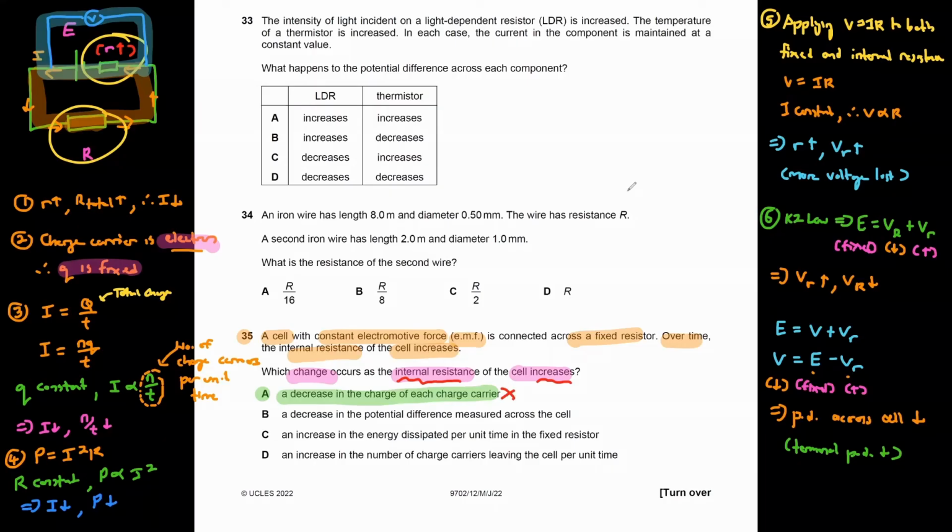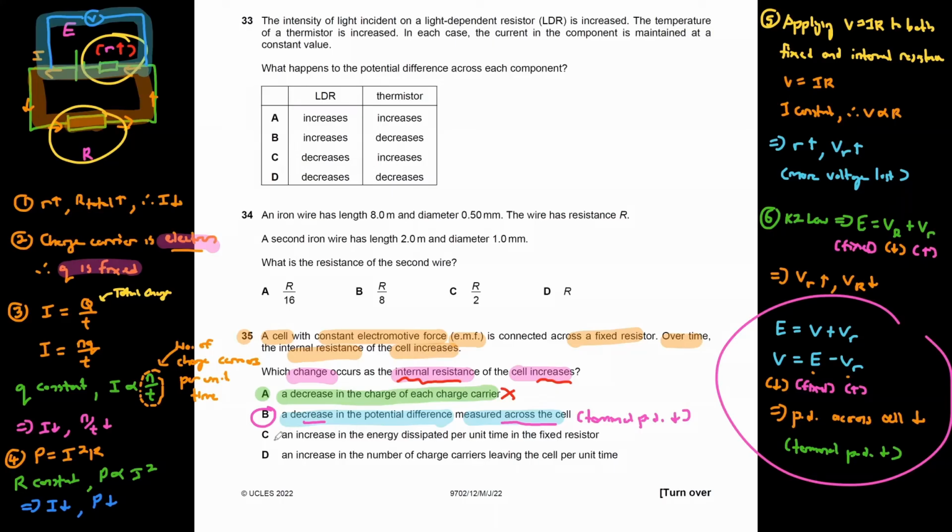And then if you look at statement B, a decrease in potential difference measured across the cell, this is actually referring to the terminal PD. So we already established here that the terminal PD is decreasing. So it will be correct to say that there's a decrease in potential difference across the cell. This one should be the correct answer. Okay, but let's confirm with the rest of the answer choices.